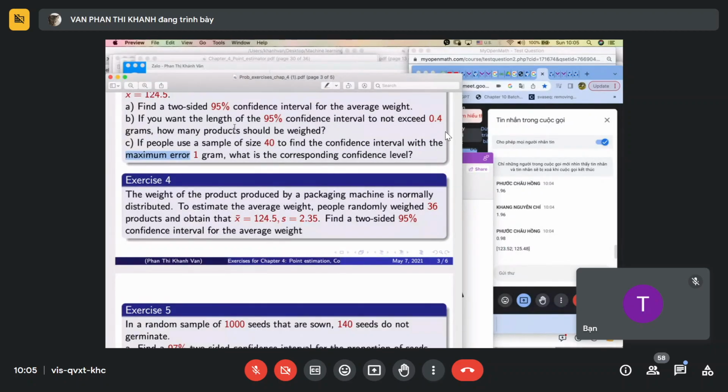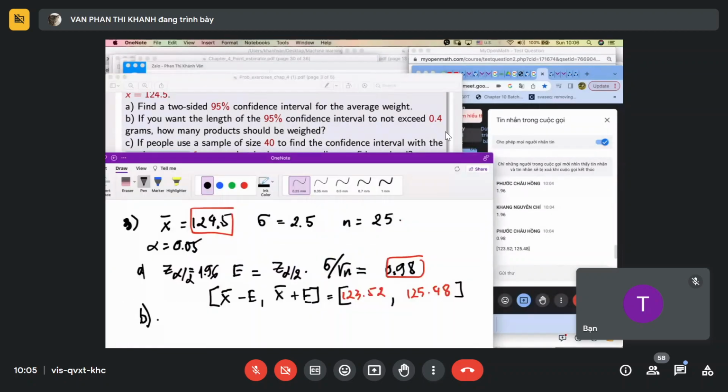Okay, thank you. And question B, if you want the length of the 95% confidence interval not to exceed 0.4, how many products should be weighed? So this is our interval. And what is the length? Class, the length of this interval, it will be what? 2E, right? It is 0.4, right? So it means less than or equal to 0.4, not to exceed, right?